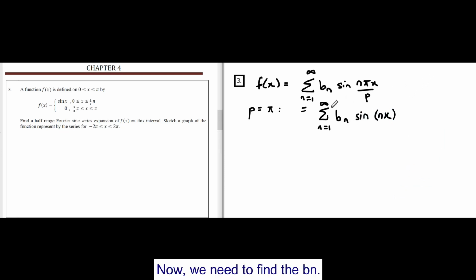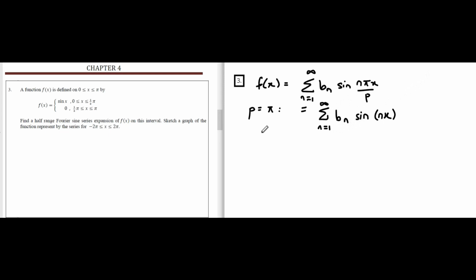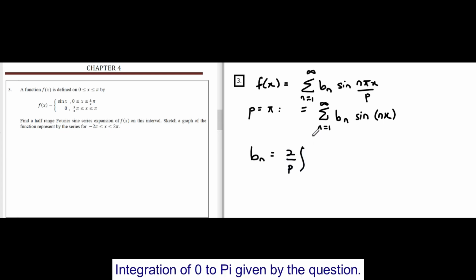Now we need to find the Bn. Integration of 0 to pi given by the question.